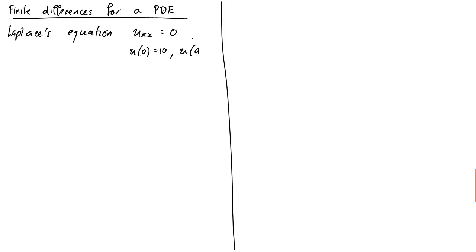U of a equals 0. Okay, and what I'm going to do is write down my domain. So let's see, I've got x is 0, and I'm going to split it up into 5 points.